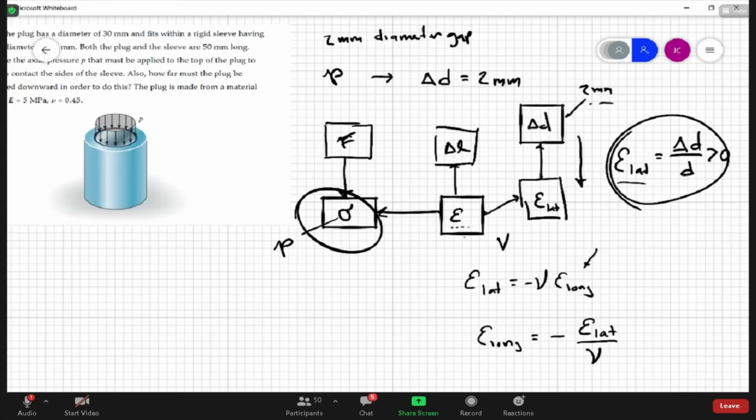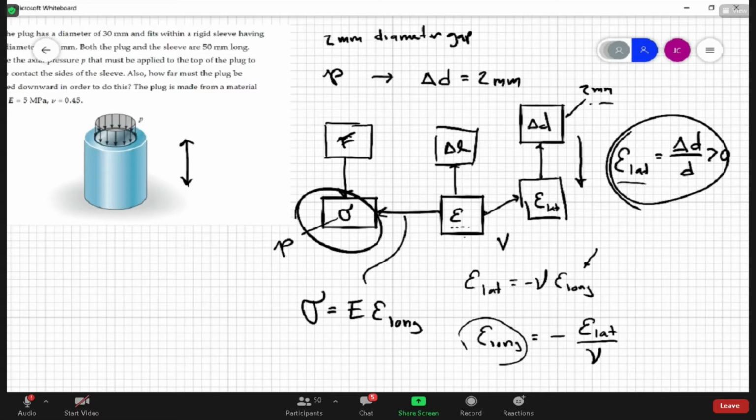Now, once I know that, this is actually the strain, although it doesn't matter, that is how much the plug changes in height. I don't really care about that other than that I'm going to use it in Hooke's law to get the stress. So the stress is going to equal Young's modulus times that longitudinal strain.